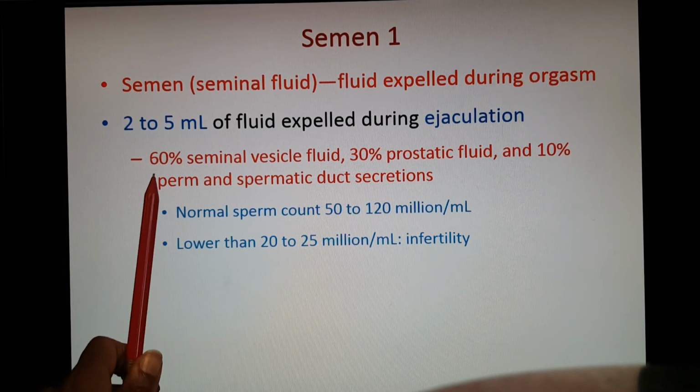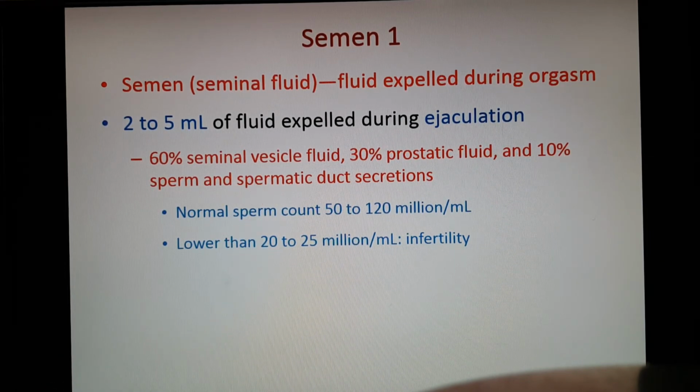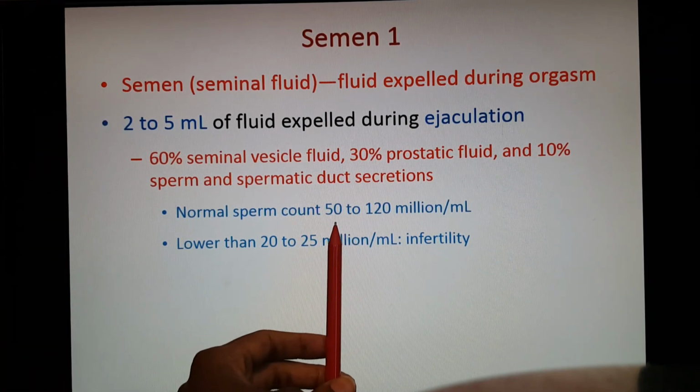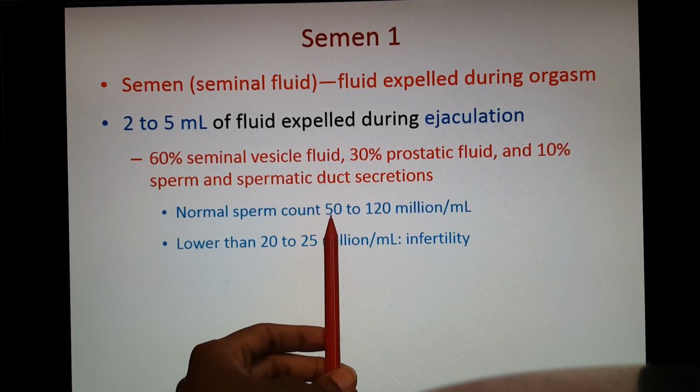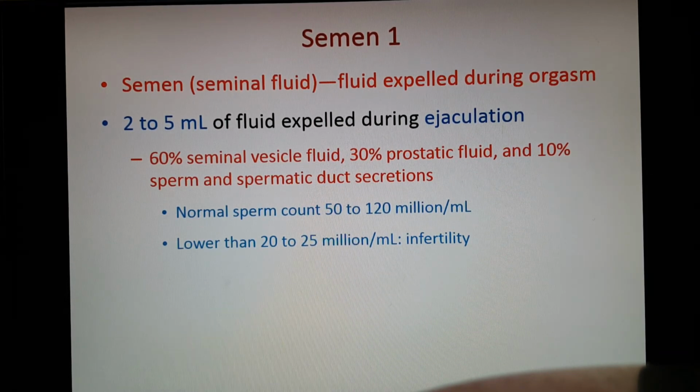The last part is part sperm and part secretions from the spermatic duct. So a normal sperm count is about 50 to 120 million sperm per milliliter. So let's say even if you're only at 2 milliliters of ejaculate from the penis, then that's still 100 million sperm cells in that little bit, even not in a low count.